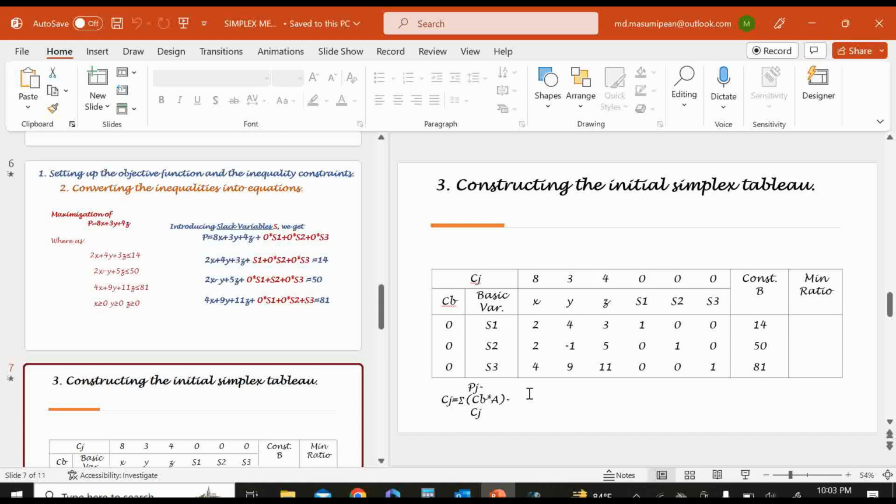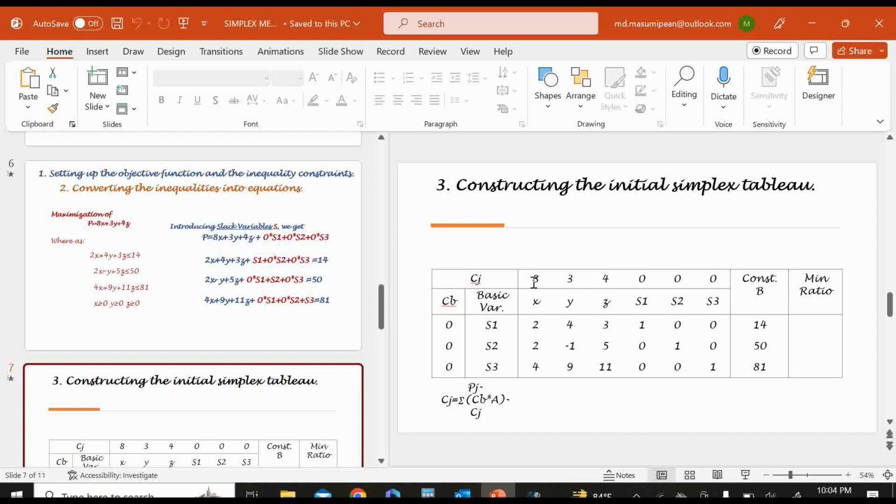Firstly, we need to write the objective function coefficients right there. Here, in the basic variable row, all the variables of the main function will be there: x, y, z, S1, S2, S3. Then here in the column, only the slack variables will be available: S1, S2, S3.